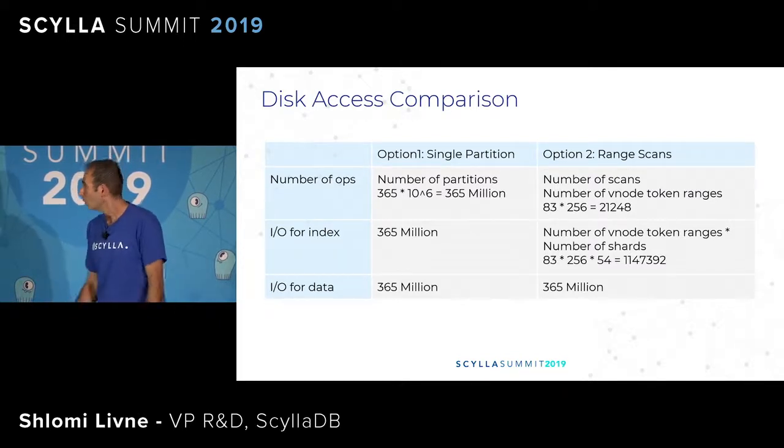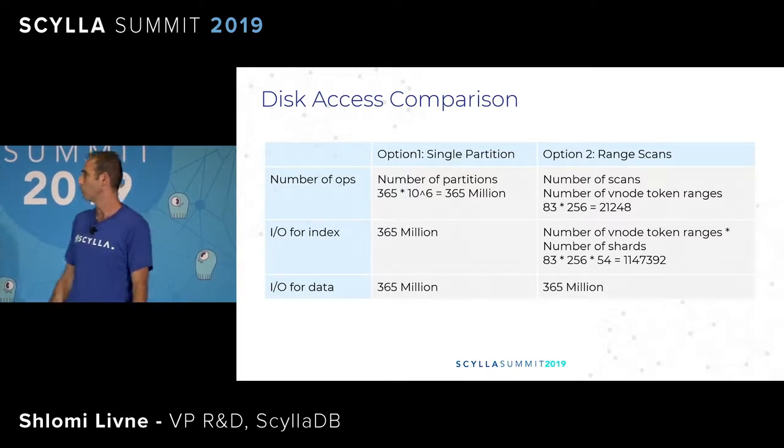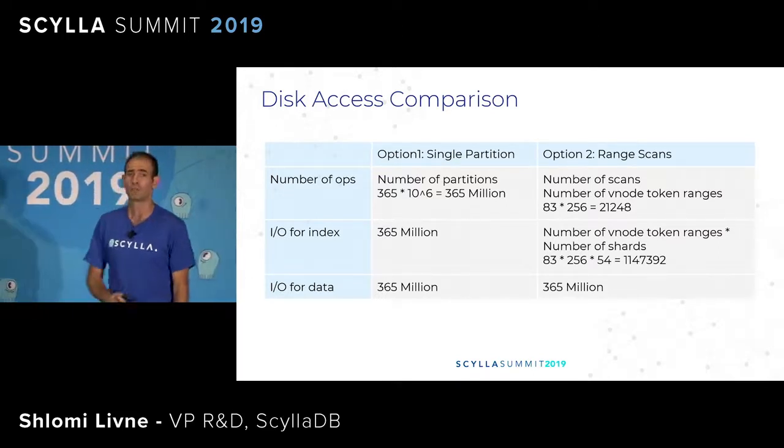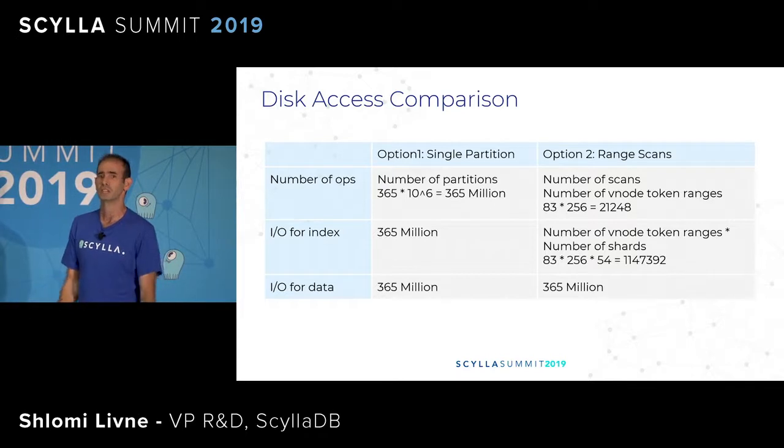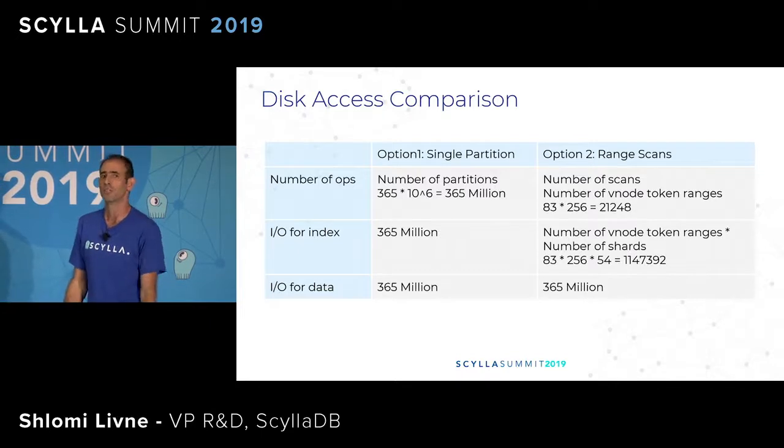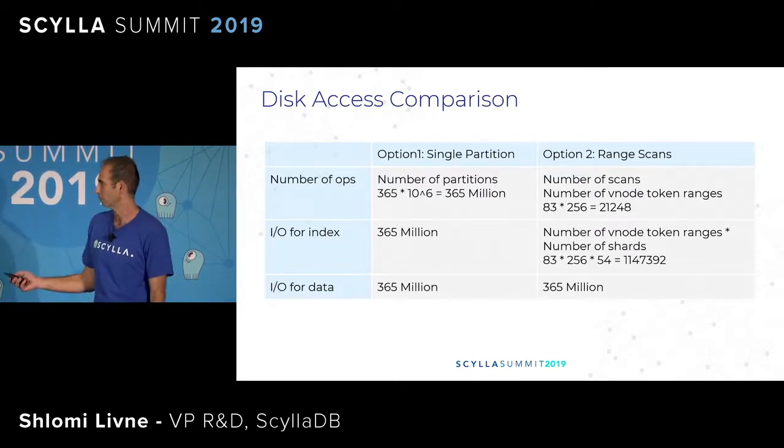So it's around 1.1 million. And the number of IO for the data is exactly the same. So we have a very large reduction in the number of SQL operations that we need to send to Scylla. Again, that's additional processing.